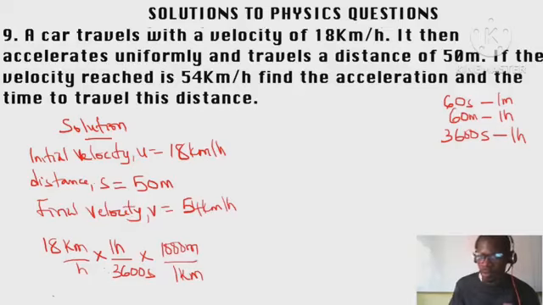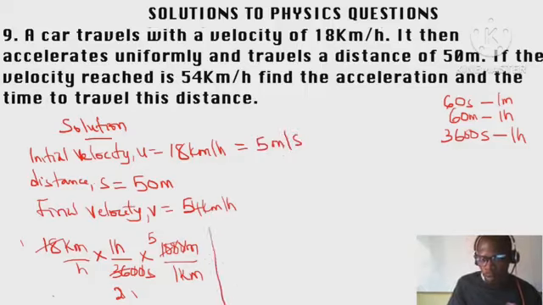That's 1. So it has no effect on what we have here. We are just converting. From here, 0 cancels 0, 0 cancels 0. 18 goes in 18 is 1. 18 goes in 36 is 2. 2 goes in 2 is 1, and 2 goes in 10 is 5. So that means 18 kilometers per hour is equal to 5 meters per second.